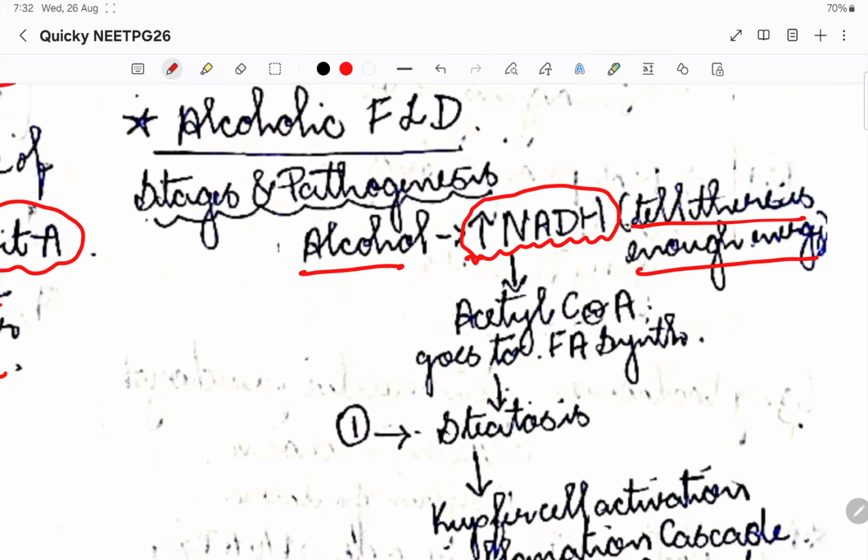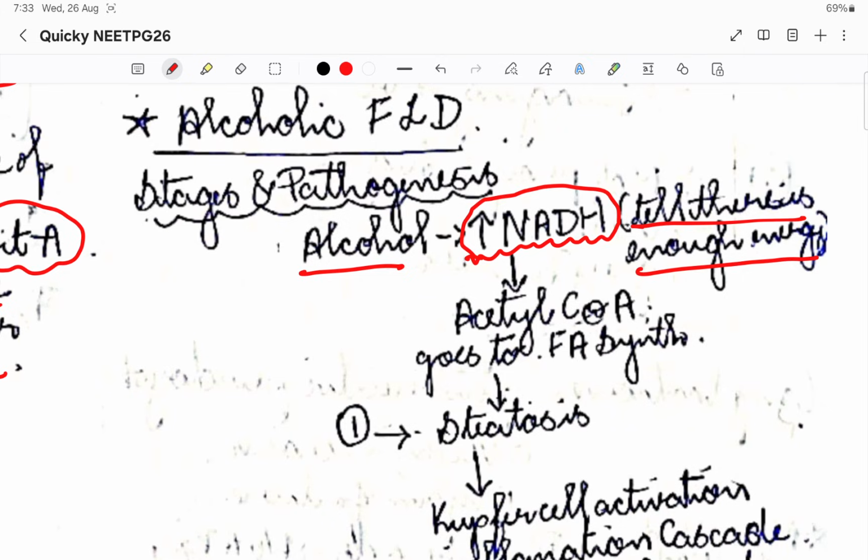Basically glucose was trying to generate ATP, but if we consume alcohol, alcohol gives rise to NADH. This NADH tells that there is no need of ATP, there is enough ATP.